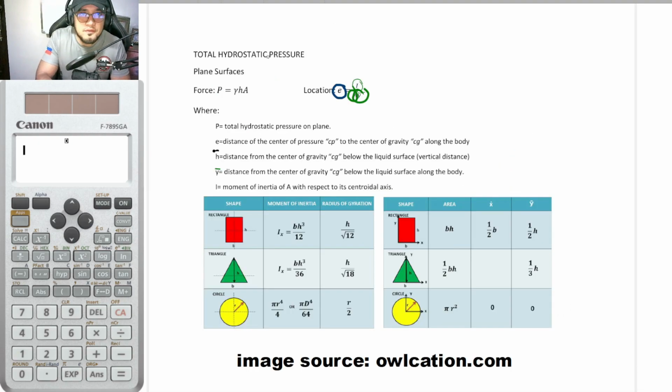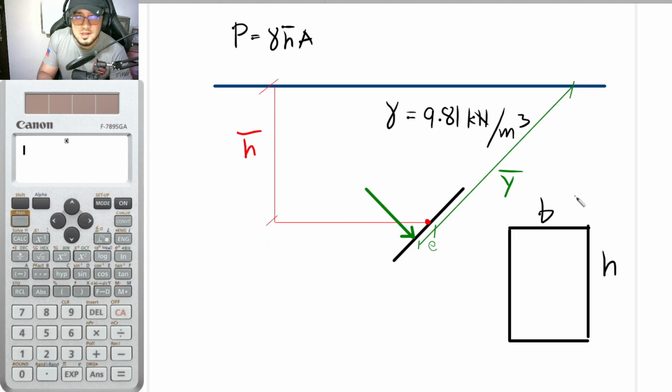And as for the moment of inertia, this was discussed in statics of rigid bodies. These are the common shapes, but are not limited to, of course. For rectangles, the moment of inertia about the x-axis is equal to bh cubed over 12. In this case, since this is b and this is h, it is bh cubed over 12.